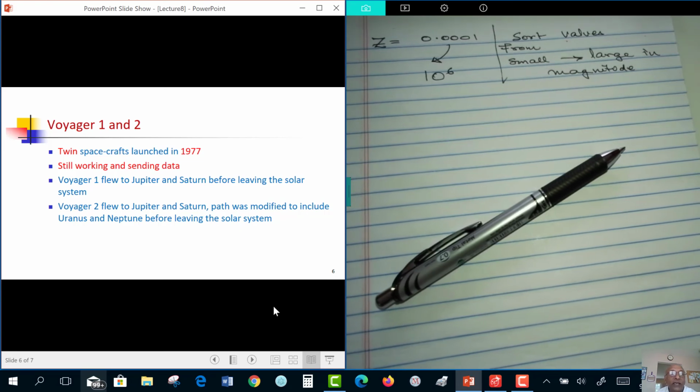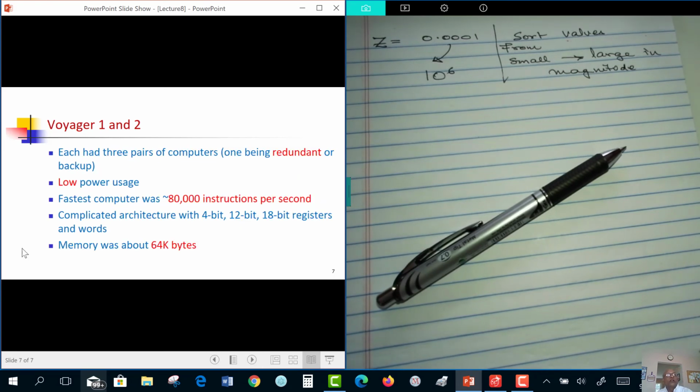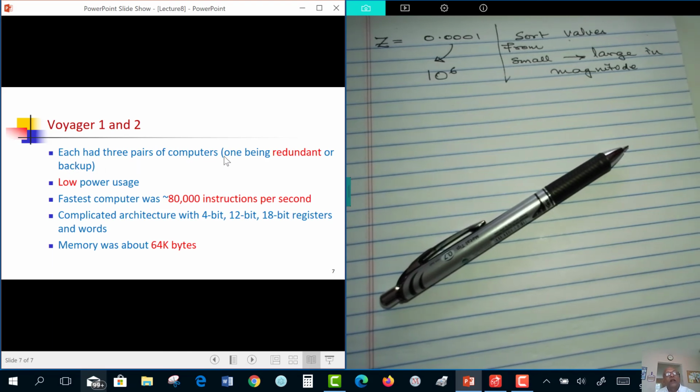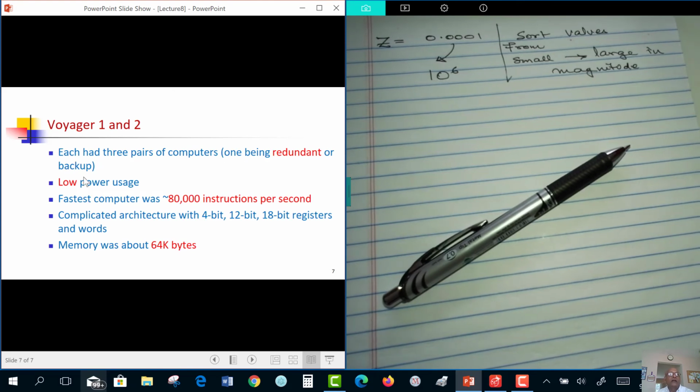Still working, sending data. So let's look at their computer. Each of these spacecraft had three pairs of computers, one being redundant or backup. They had very low power usage, so you can see they are still continuing to operate and send data.